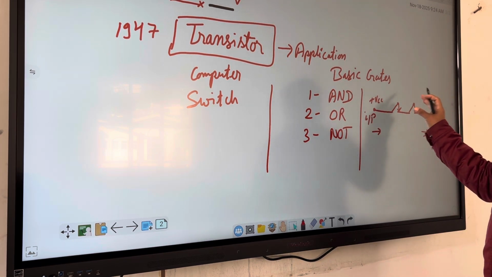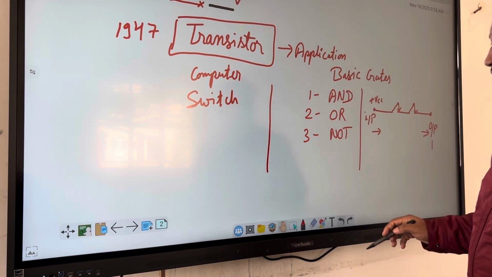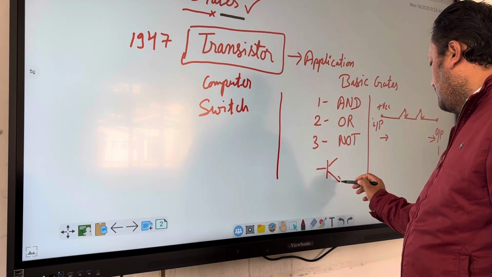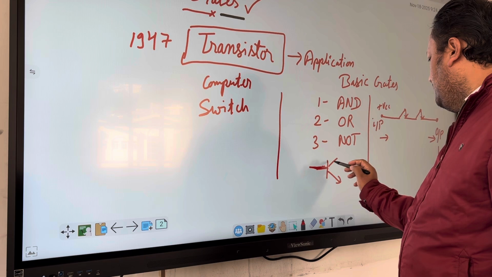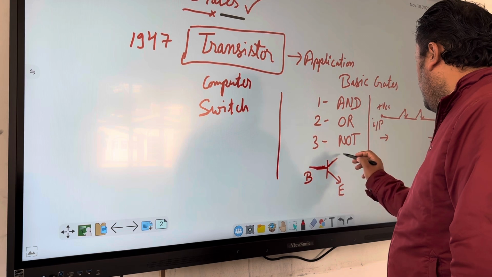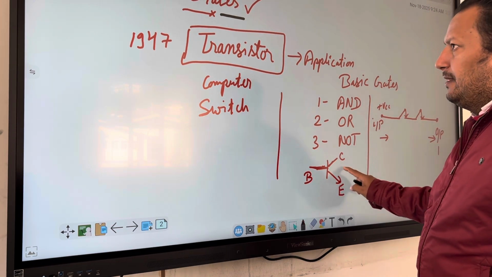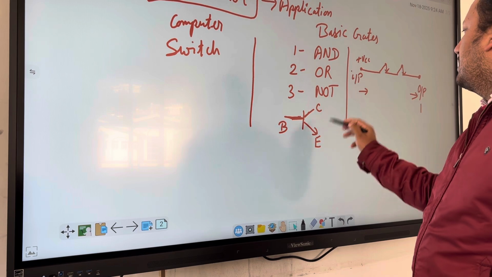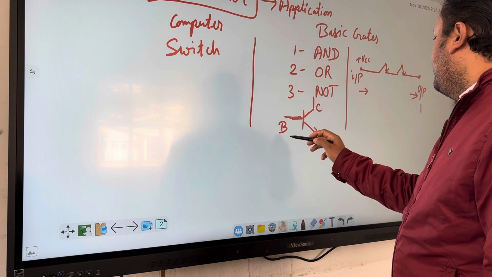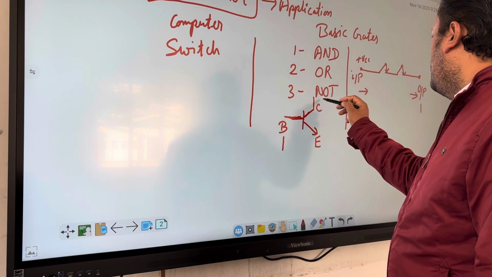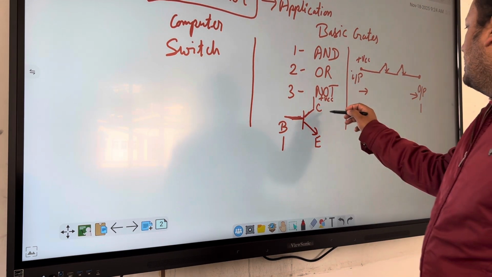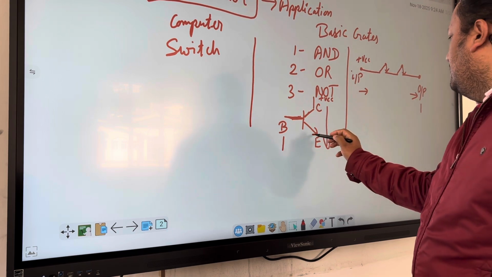So instead of manual switches, what is the characteristic of a transistor? This is a transistor. This is the base, this is the emitter, and this is the collector. The characteristic of the transistor is, if the base is 1, then whatever battery is connected on the collector side, it will allow the current to flow in this path.